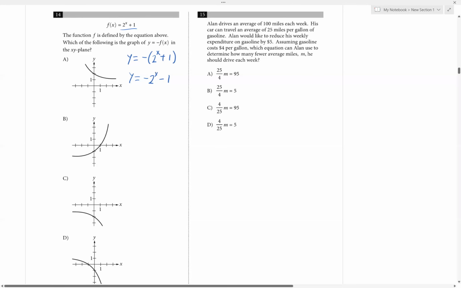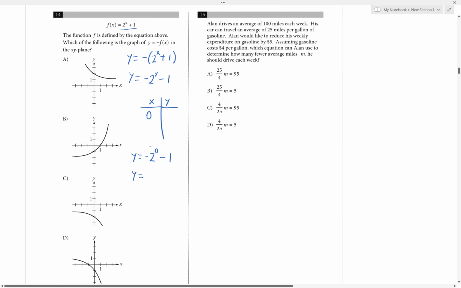We could just do some test points. We make a little table, x and y. When x equals 0, we can solve for the y value. If you plug in x equals 0, this will be negative 2 to the 0 minus 1. What's 2 to the 0?